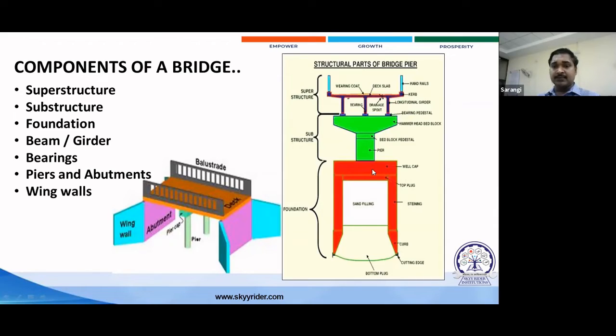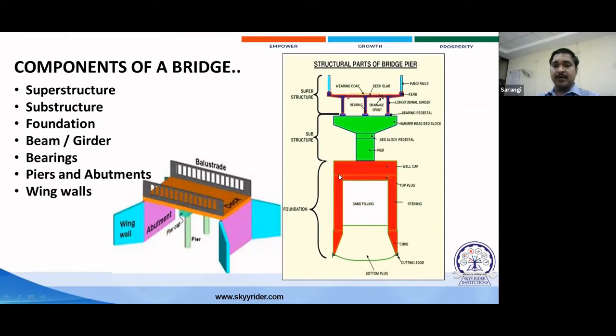In a well foundation, the bottom is the cutting edge, which enters into the sand, and in the center the sand is extracted using different machineries. After reaching the hard strata, we fill the sand again so that the outer pressure and the inner pressure are in equilibrium.